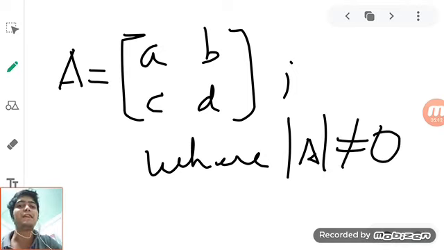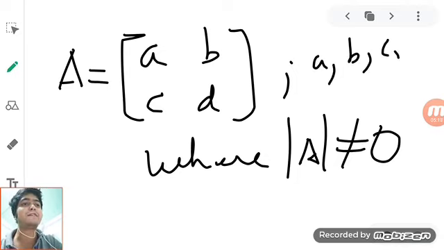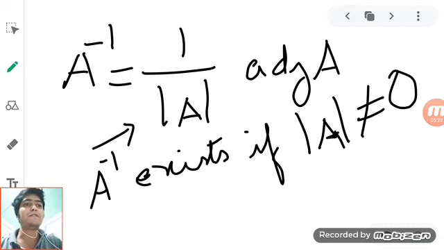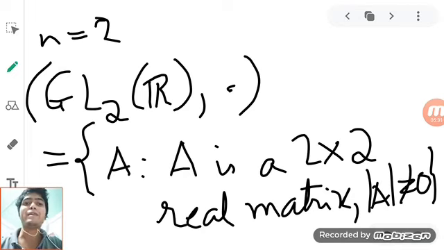Determinant A is equal to AD minus BC. Because it is a real matrix, a, b, c, d will be real numbers. So any element A will have this form. Always remember this. Why am I doing this example? You will need it for this semester.